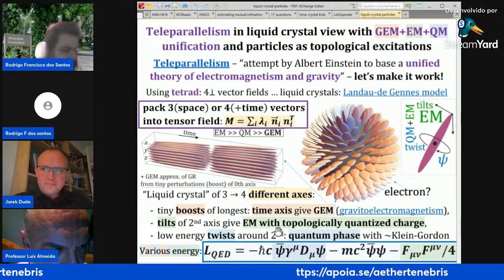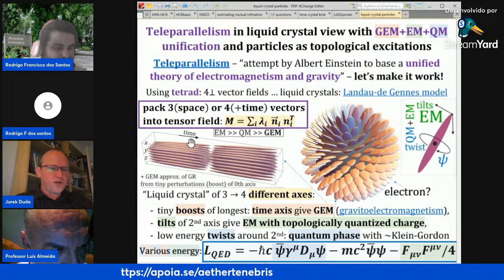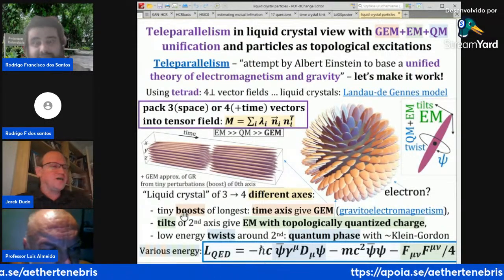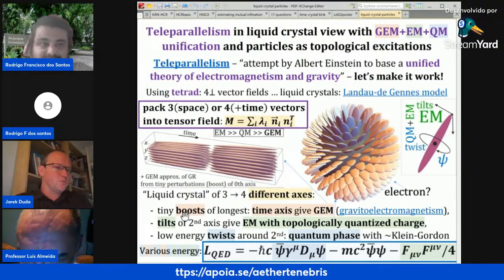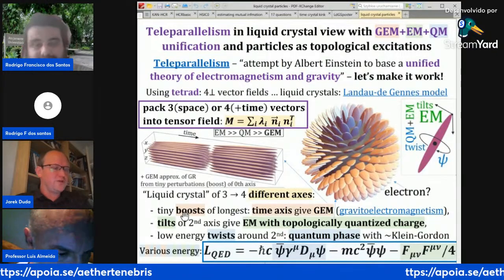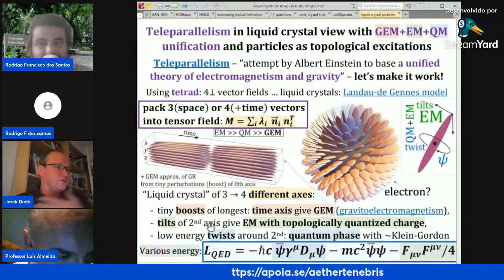Okay, so one more time. You have 4 axes. The zeroth axis is toward time, and its tiny boost corresponds to gravity. They are governed by Maxwell equations, through gravity electromagnetism. Then we have these tilts as the second axis.